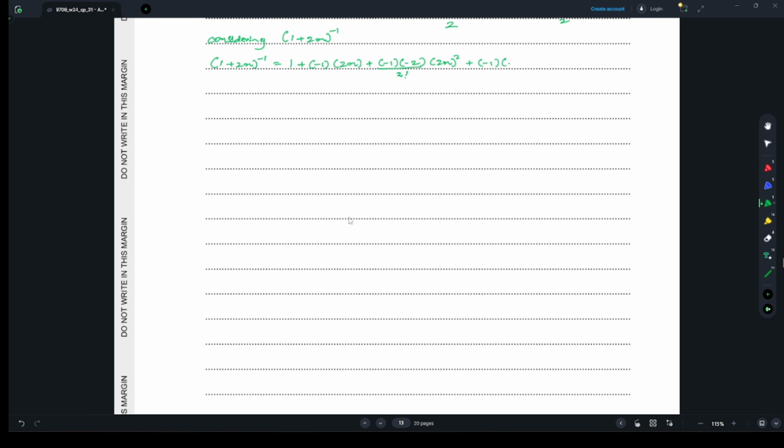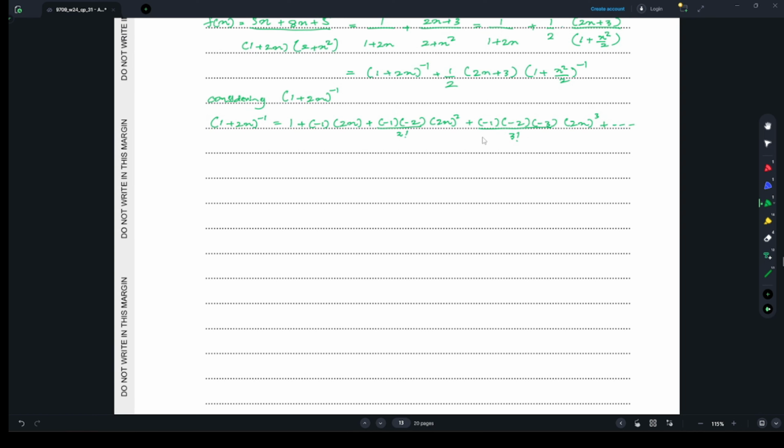Again, minus 1, minus 2, minus 3, divided by factorial 3, and here 2x cube, plus. I stopped here because we are interested in x cube. So in the first 3 terms we don't have x cube. Here in the fourth term we have x cube, and the next one will be 2x to the power 4. We don't care. So we are interested in this one.